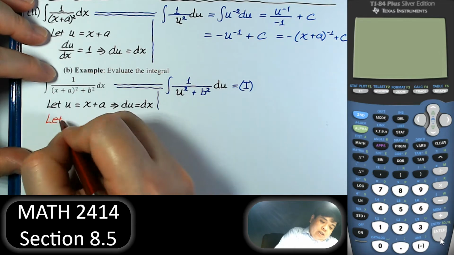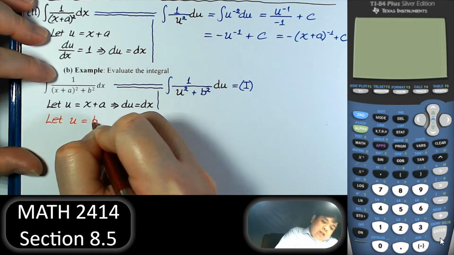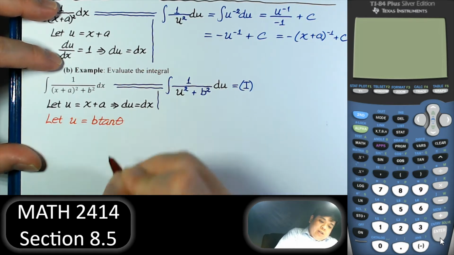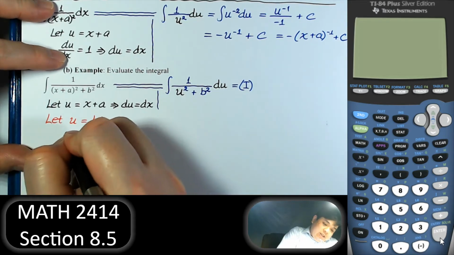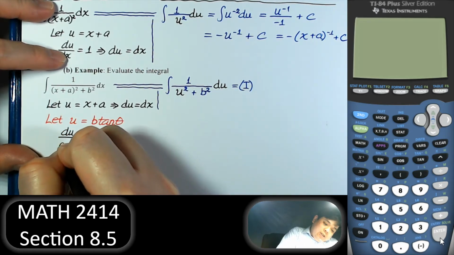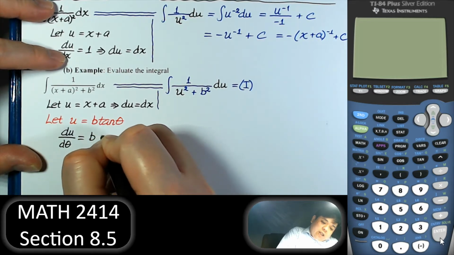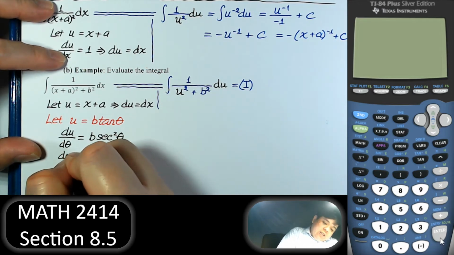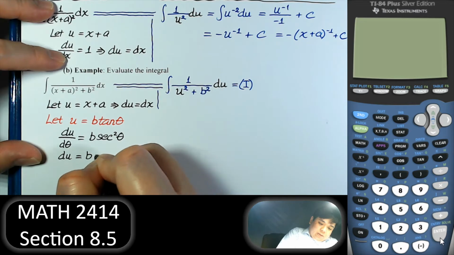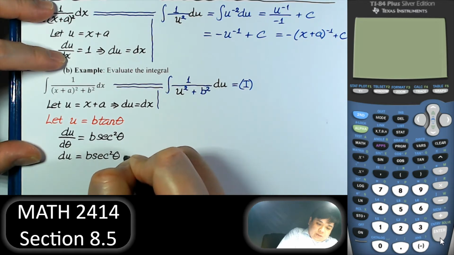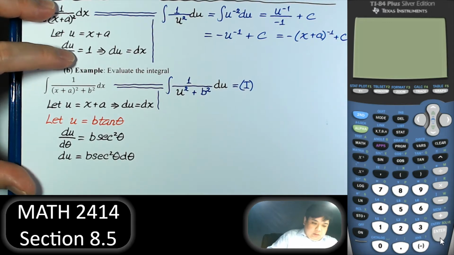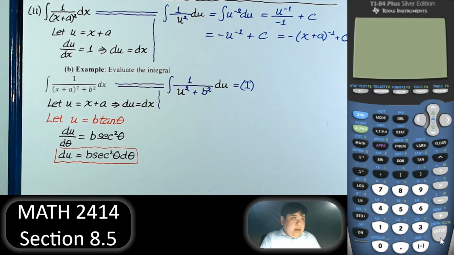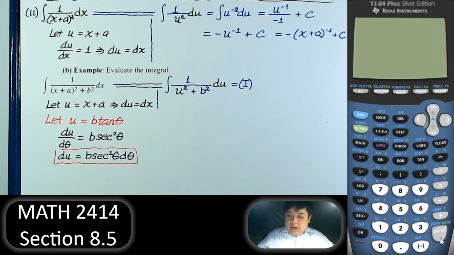Let u equal b tangent theta. Right, take the derivative. It is secant squared. Move the d theta. And then the u squared plus b squared.